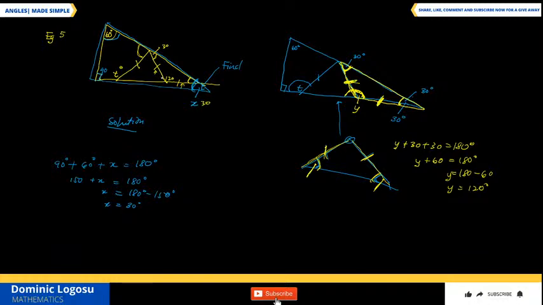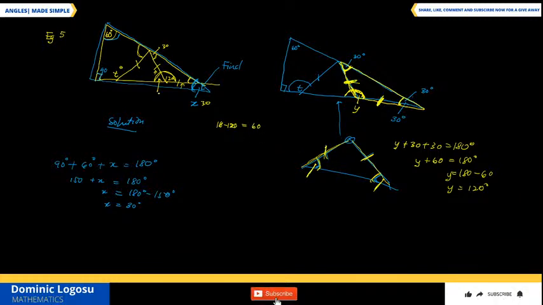So we can easily find the side of the triangle. All we need to do is subtract the 120 from 180. So it becomes 180 minus 120, which is going to give us 60 degrees.